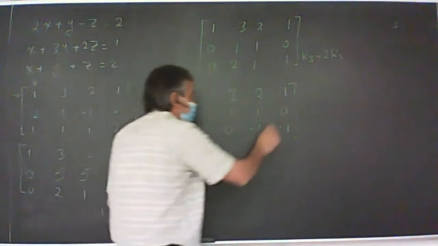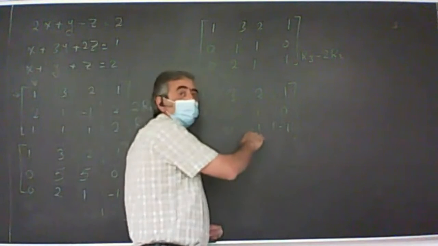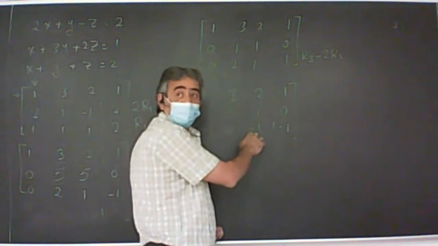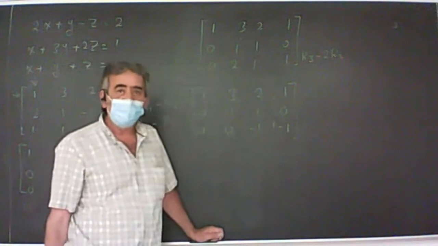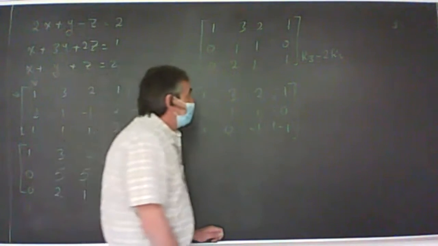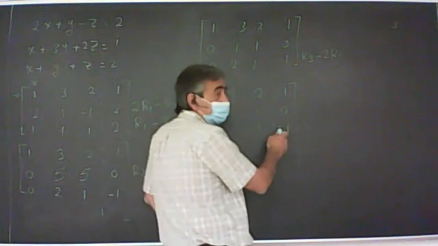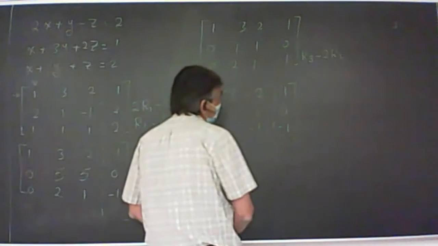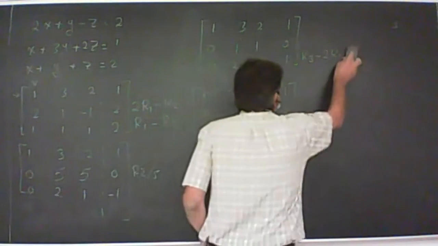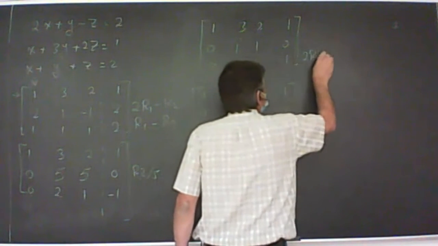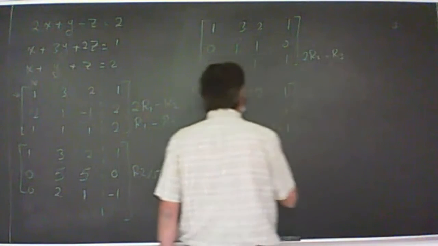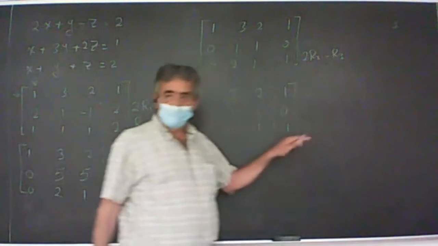And I can simply do what? I want this to be 1 now. Yeah? How do I make it 1? I divide by a negative 1. Yeah? I could divide by a negative 1 here, which is fine. Or I could switch these around and save myself a space.